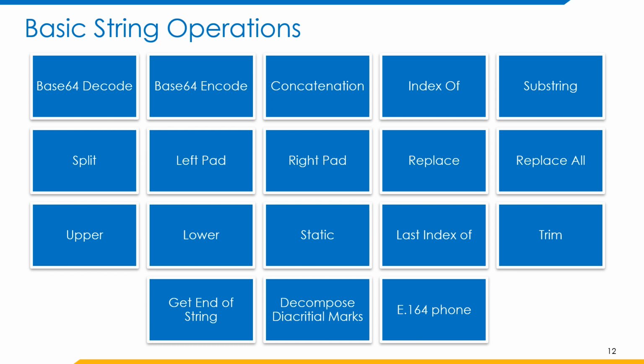Index of. The index of transform is used to get the location of a specific substring. Suppose we give a string to find the index of a substring: if it's found, it will return the index number. If not, it will return -1. Substring. The substring transform is used to take a specific part of the string with the provided begin index and end index.